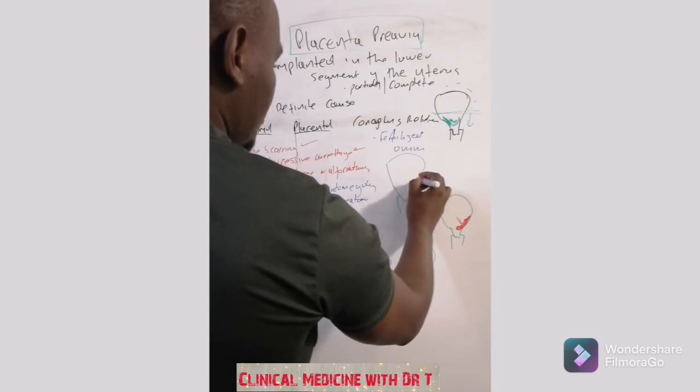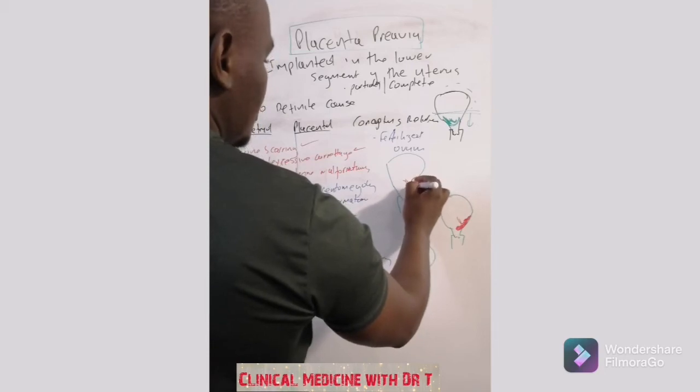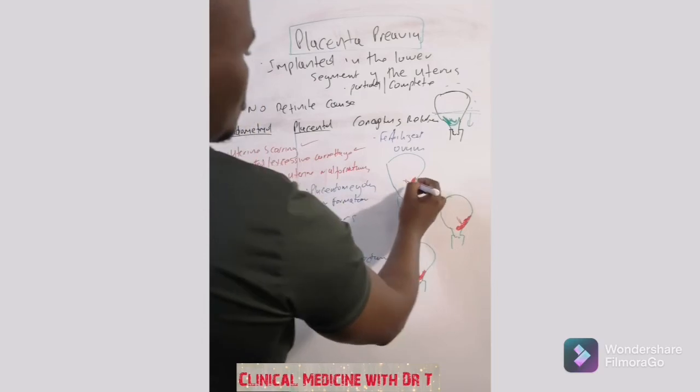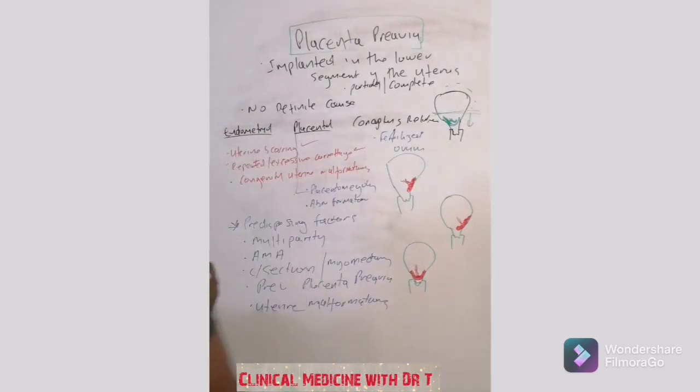I don't think there's anyone who would ever ask you to draw this, guys. So we said it's a lower segment. For us to call it a placenta previa, it doesn't have to obstruct the cervix completely. As long as it's in the lower segment, it's already a placenta previa.